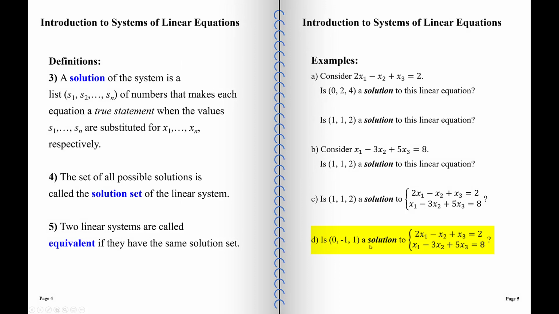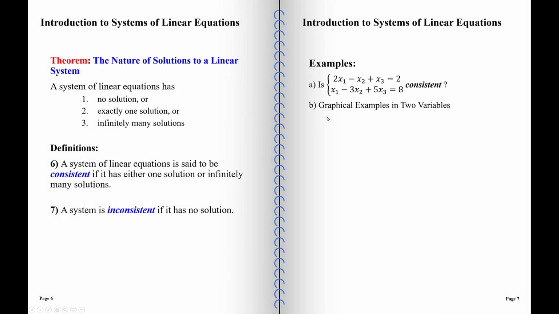It had a solution. 0, minus 1, 1 is a solution. Therefore, it's consistent. Now, on that basis alone, all we can say is it's consistent. Equivalently, it's not inconsistent. We have exhibited one solution, but we don't know whether it has more solutions.